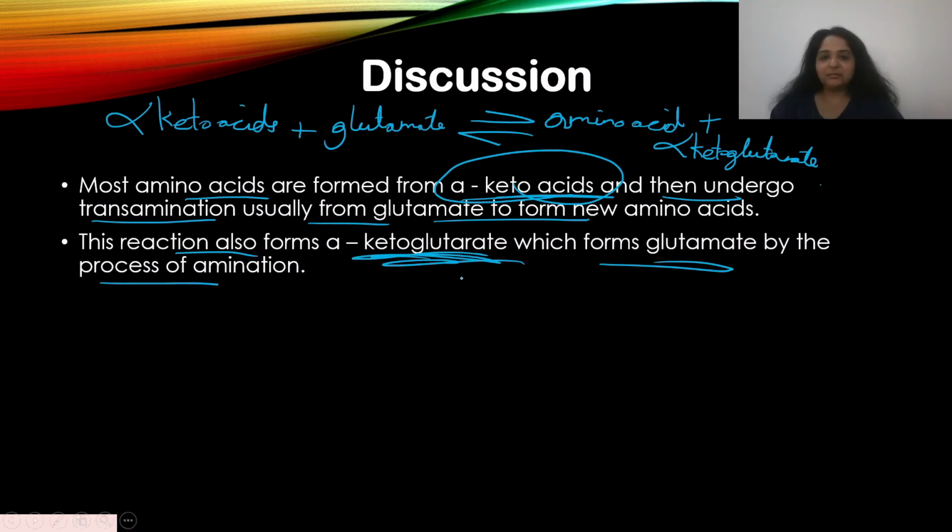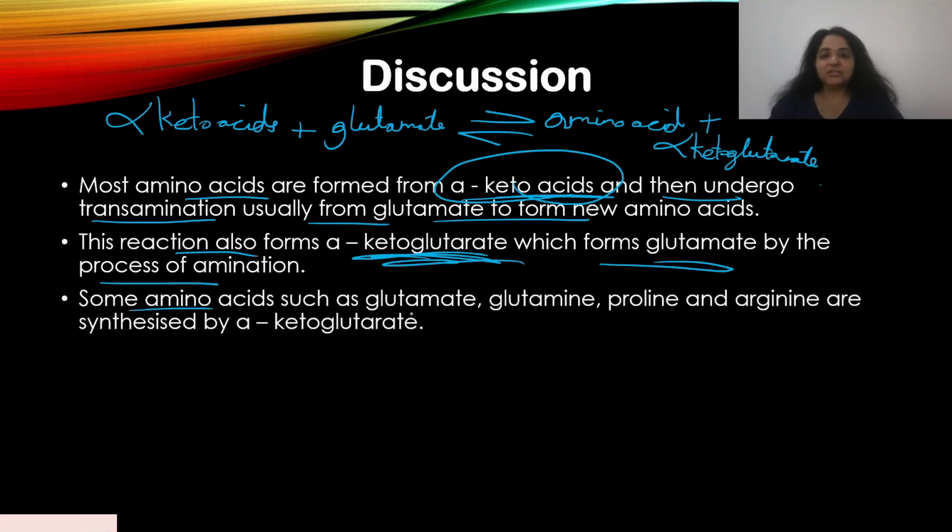It's a little complicated, but I would suggest don't spend too much time on this biochemistry part. Just understand that alpha ketoglutarate plays a role in forming glutamate, which then undergoes transamination to form new amino acids. Most amino acids are formed this way.